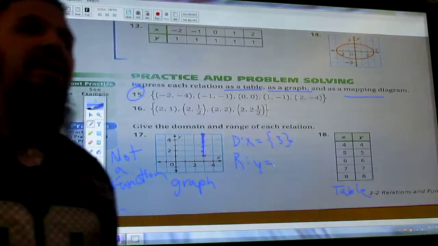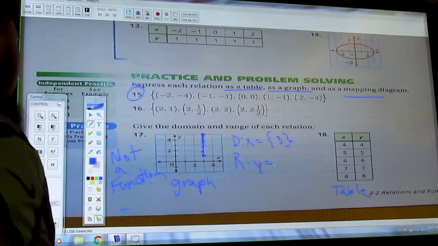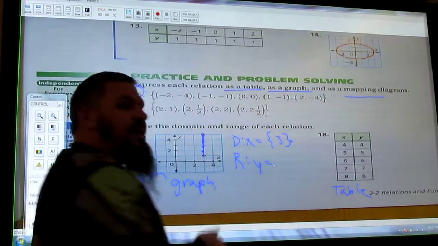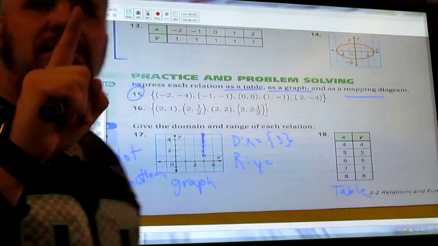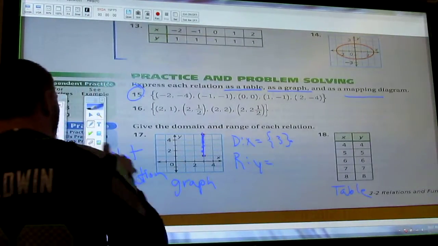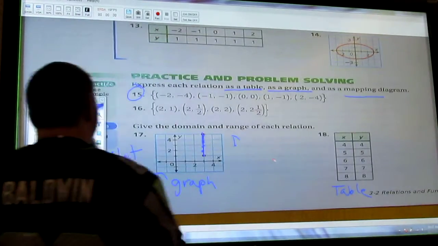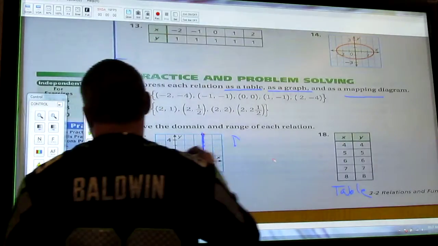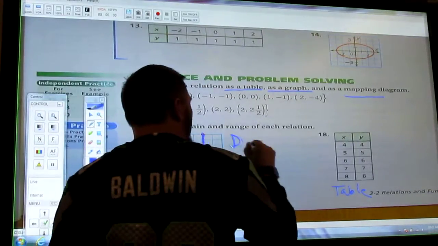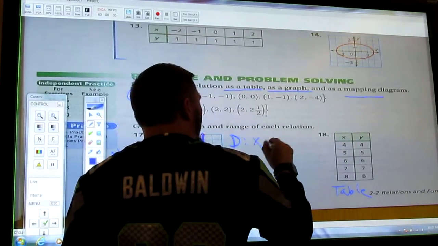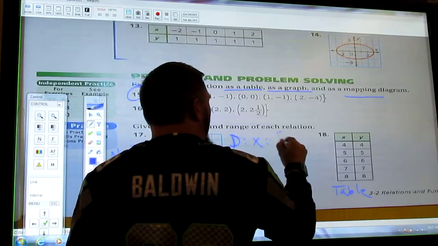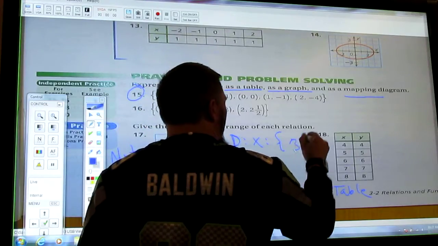In this case, y isn't just one number, is it? D such that x such that solution set 3.